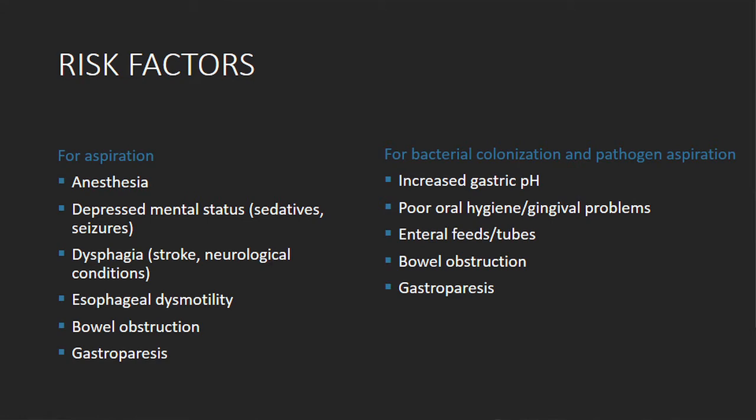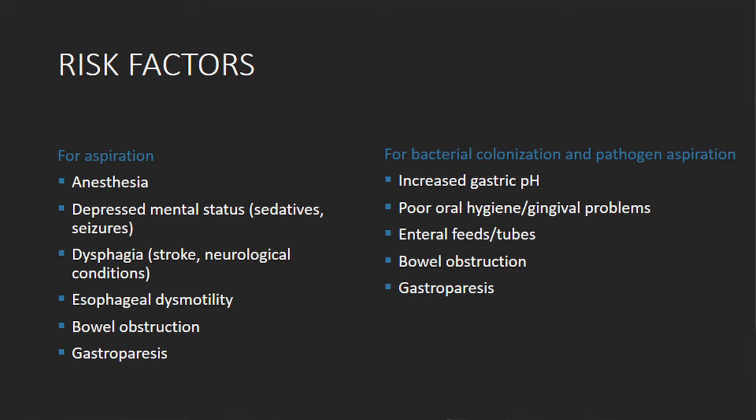The risk factors for aspiration, as we all know, the main one is anesthesia. That's why doctors like to keep patients NPO for at least 8 hours. Others include depressed mental status due to sedatives, seizure patients, dysphagia that we see all the time in stroke patients, neurological conditions, esophageal dysmotility, bowel obstruction, and gastroparesis.